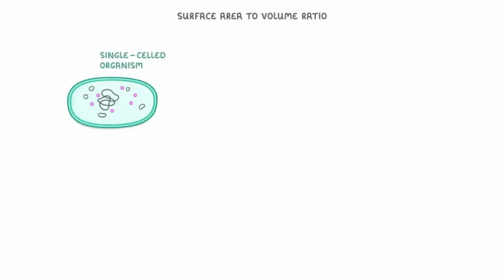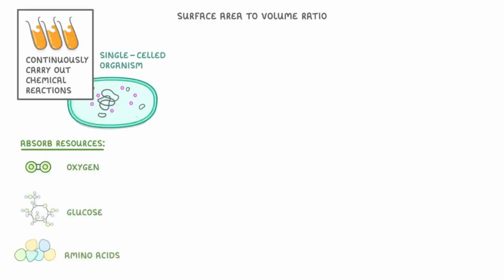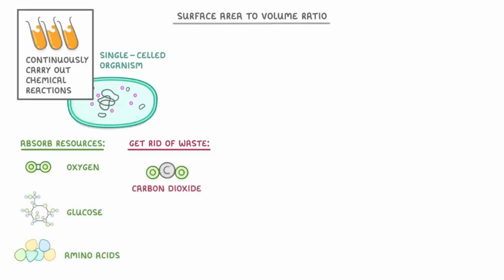To start, let's imagine a single-celled organism. In order to survive, this cell has to continuously carry out loads of chemical reactions, building up and breaking down molecules. To do this, it needs to absorb resources like oxygen, glucose, and amino acids from its surroundings, and then it also needs to get rid of any waste products that it produces, like carbon dioxide.